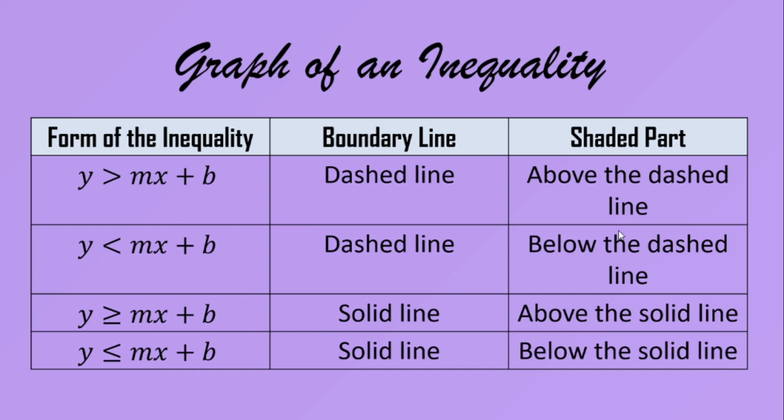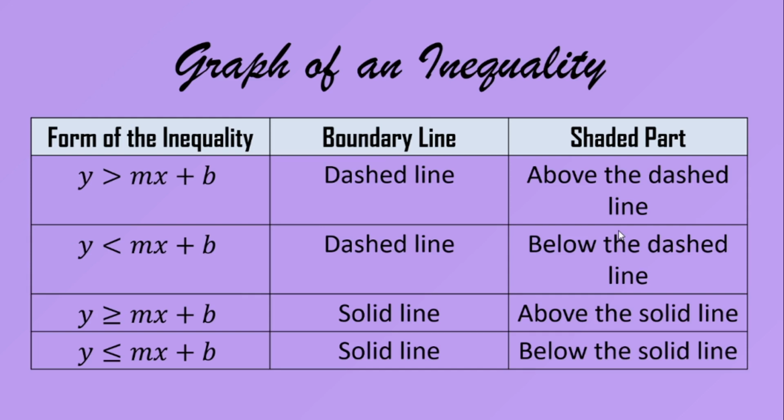Form of the inequality, which is slope-intercept form. Y is greater than mx plus b, y is less than mx plus b, and y is greater than or equal to mx plus b, or y is less than or equal to mx plus b. And ito po ang katapat ng boundary line.